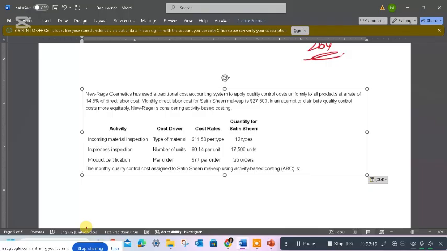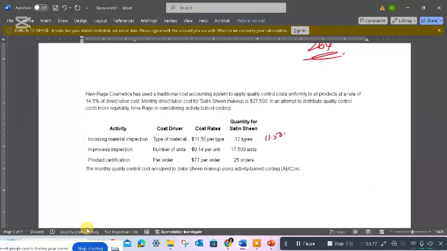Yes. Okay. This one cost rate 11.5 per type. Quantity of satin sheen 12 types. So it's going to be 11.5 into 12, 138. This is 0.14 per unit, 17,500 units.